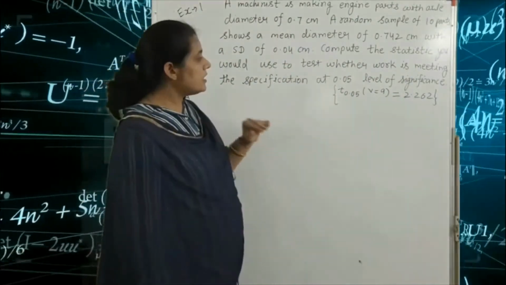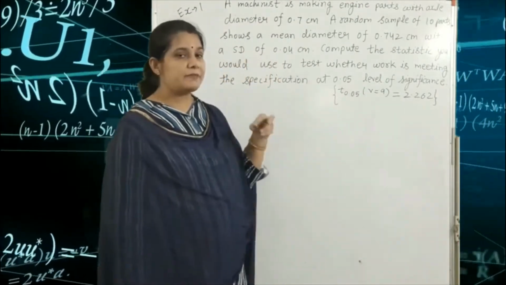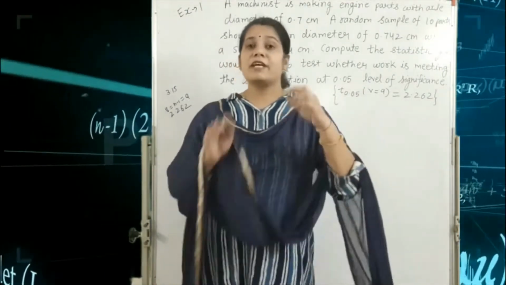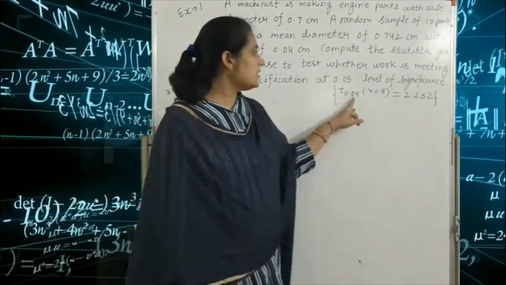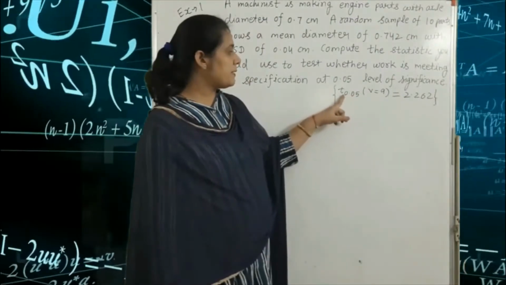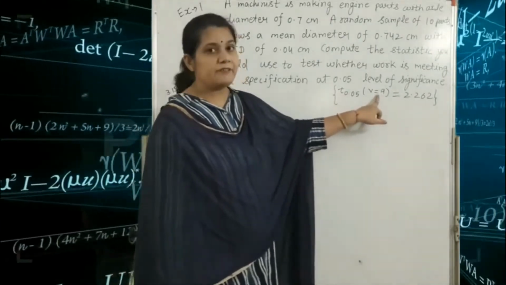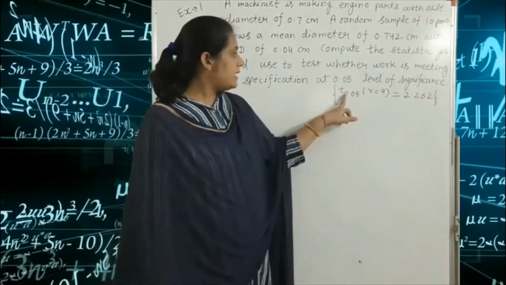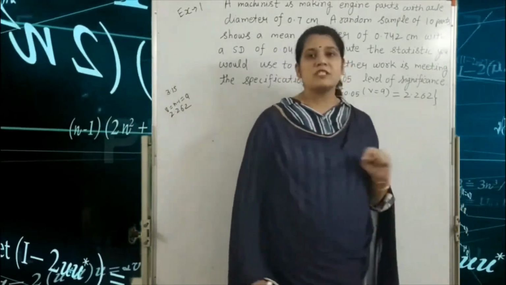So here these values are given for comparison. That means in a large sample we compare the value of mod of z to mod of z alpha. So here this is the standard value, and it depends on v equal to 9, that means degrees of freedom. And at 5% level of significance the value is 2.262.